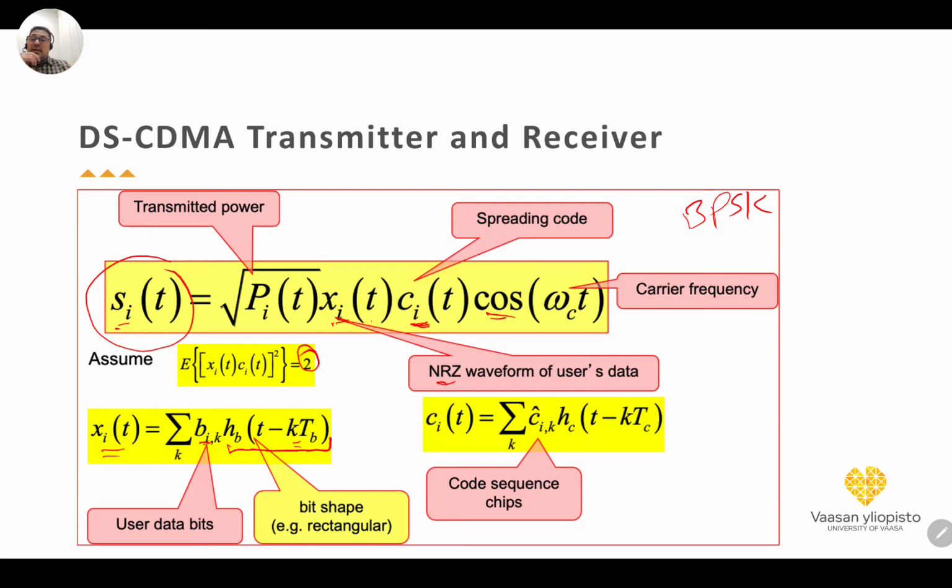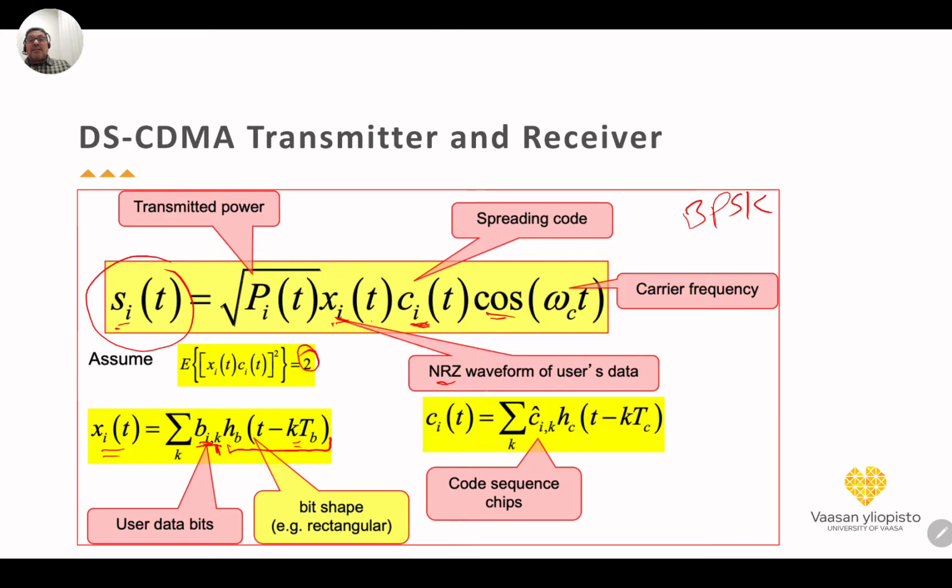We use some shaping like raised cosine or whatever. And we also have here the bit level, which can be 1 or -1. bi is from user i, and k is the number of the bit. For example, bi1 is the first bit from user i, bi2 is the second bit, bi3 is the third bit. Of course, we have maybe millions of them.